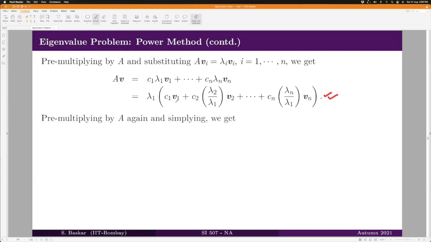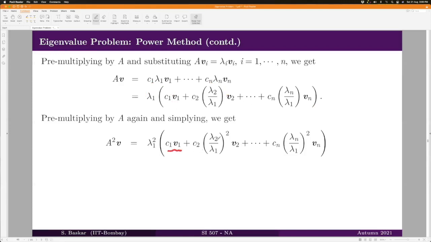And in this, you again multiply A on both sides. Again, you take A inside, and that can be written as lambda 1 v1, and similarly here you will have lambda 2 v2 and so on. Finally, you will have here lambda n vn, right? And again, you take lambda 1 outside and you have c1 v1 plus c2 times lambda 2 divided by lambda 1 squared, because you have taken lambda 1 outside, and similarly the other terms.